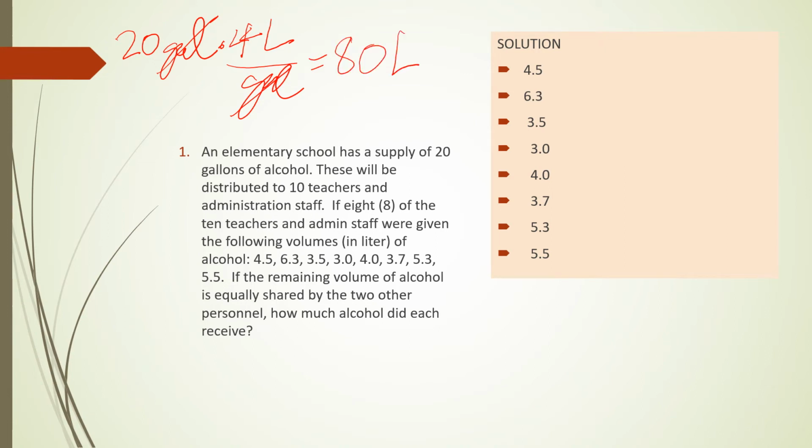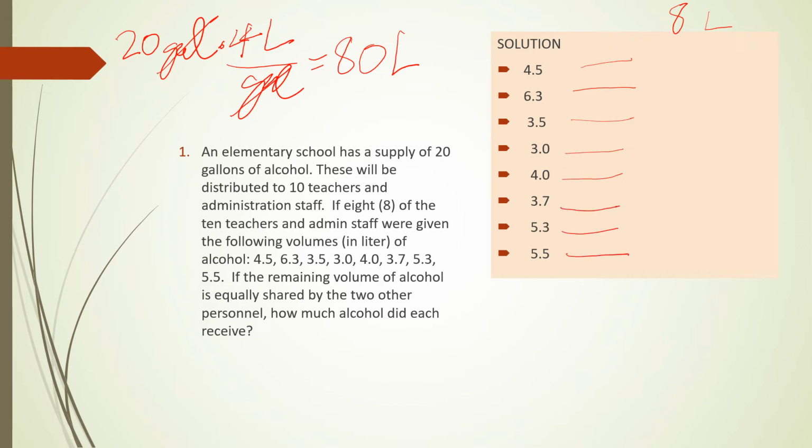So if we need to distribute 80 liters to 10 individuals, that will give us an average of 8 liters. Okay, so our reference in here will be 8. We need to be careful because we're accounting for 8 individuals.